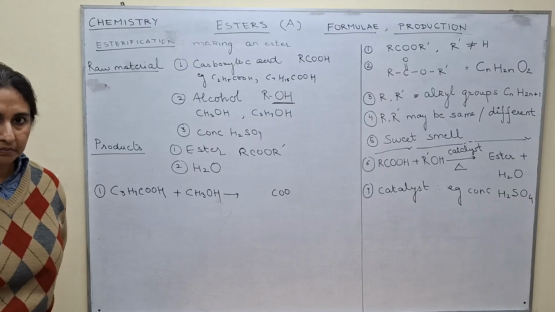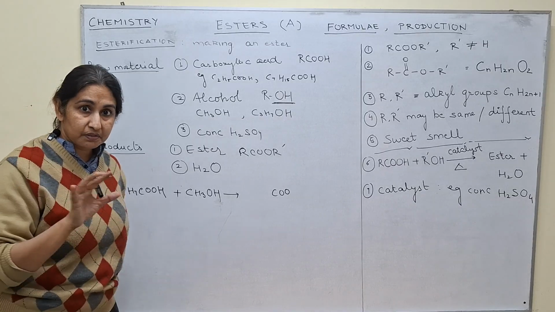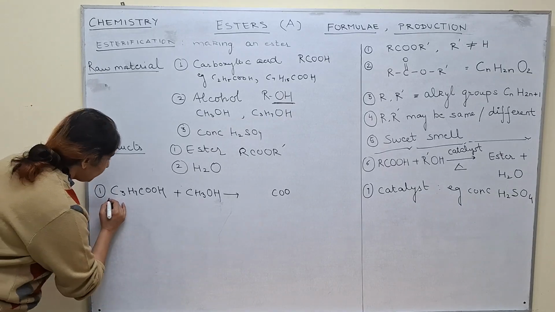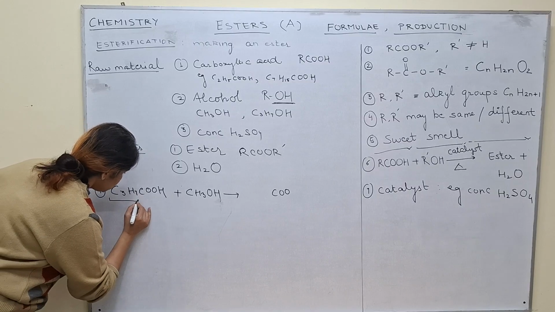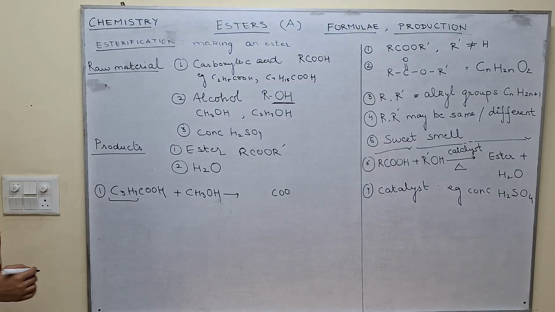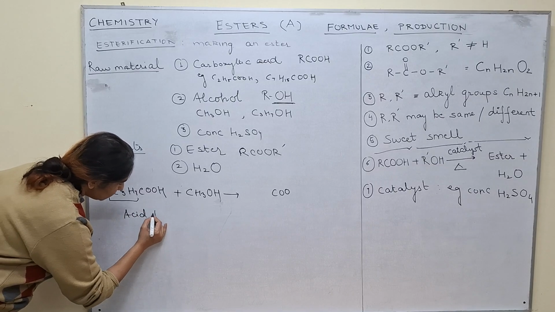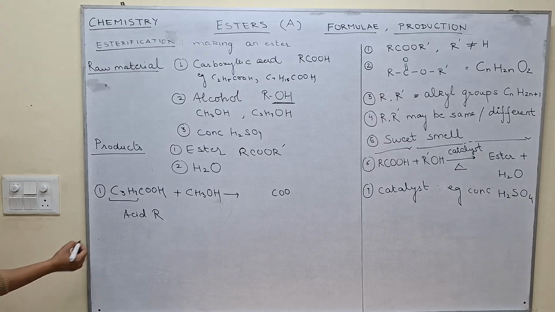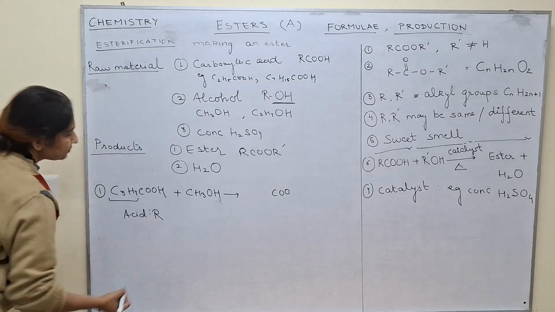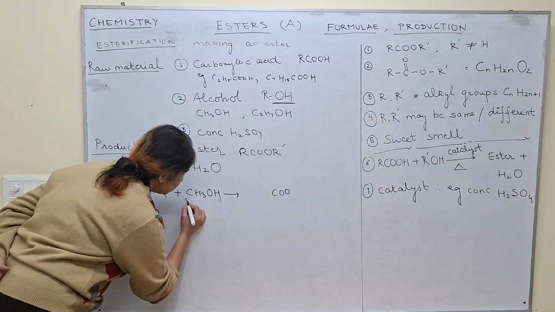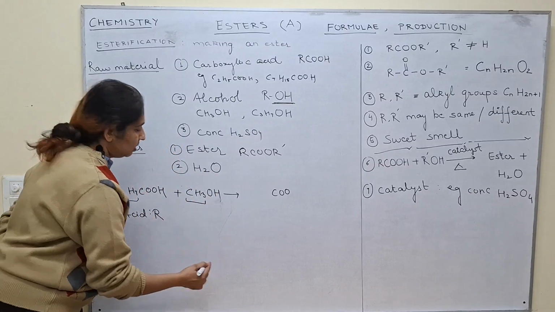They're not random. They are because of certain reasons. The alkyl part from the acid is R, and the alkyl part from the alcohol is R dash.